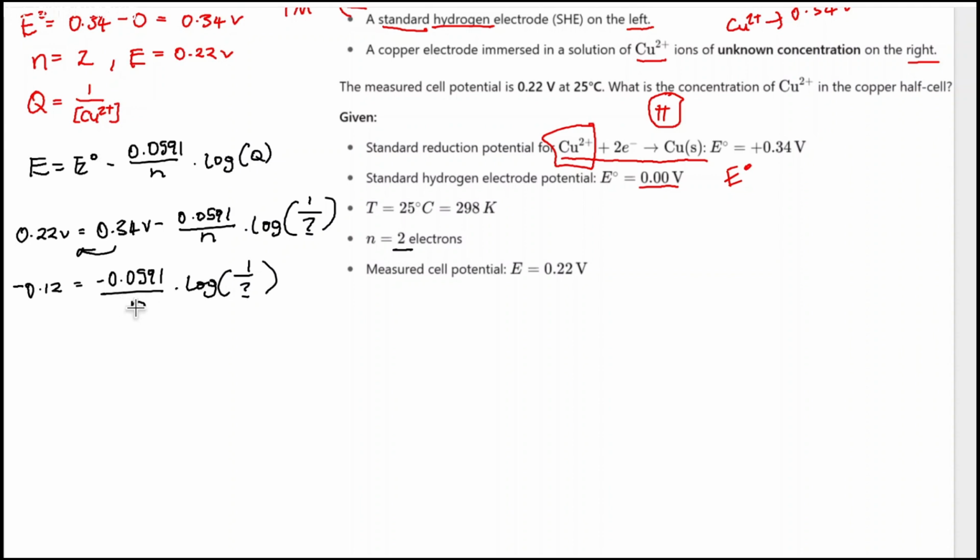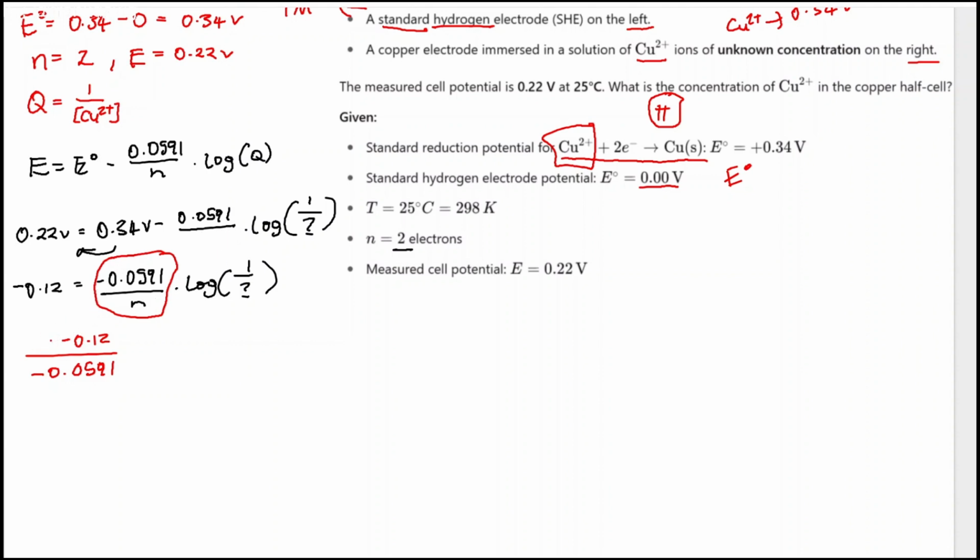And now, since this is multiplied, we can just divide this part by this side, and when we divide, we just flip it to the other side. So it becomes n times negative 0.12 over negative 0.0591. Actually, we know the n too, I forgot to plug that in.